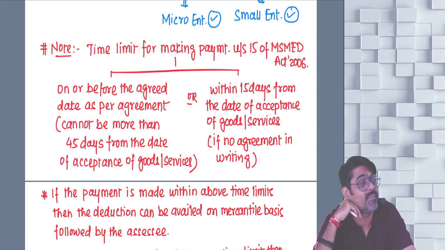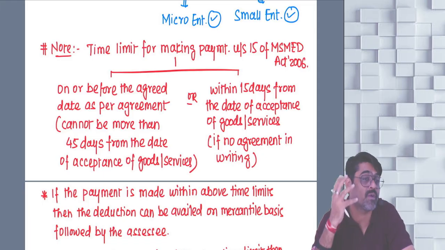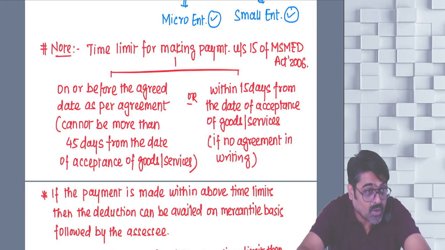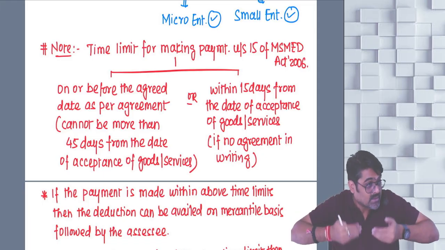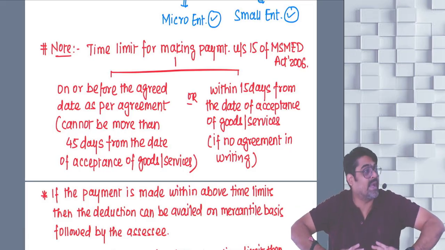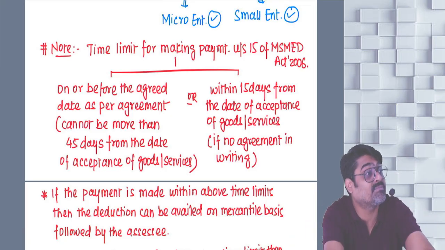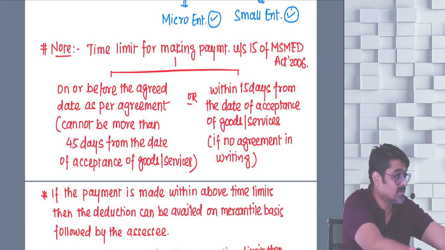Now period of 45 days, period of 15 days should be counted from which date? From the date on which the goods are received or services are given. From that date, within 45 days maximum, if agreement exists.